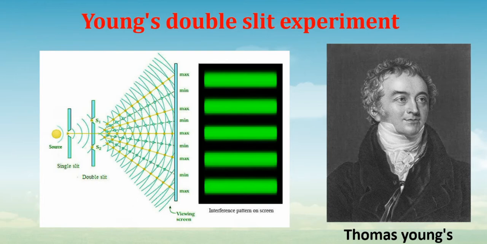We already know about interference. Interference means when two light waves, having the same amplitude or frequency or zero phase difference, are traveling in the same direction, and they meet at a point, such a phenomenon is called interference. This phenomenon was discovered by Thomas Young for light. He did an experiment which is very famous as Young's double slit experiment.